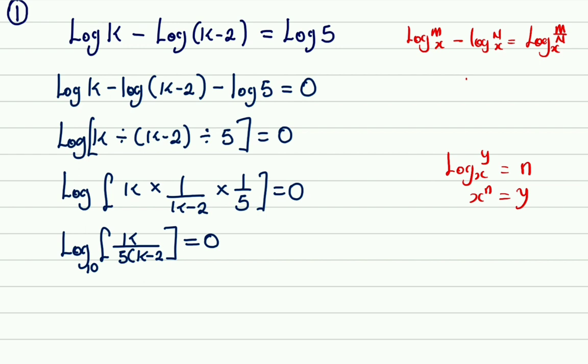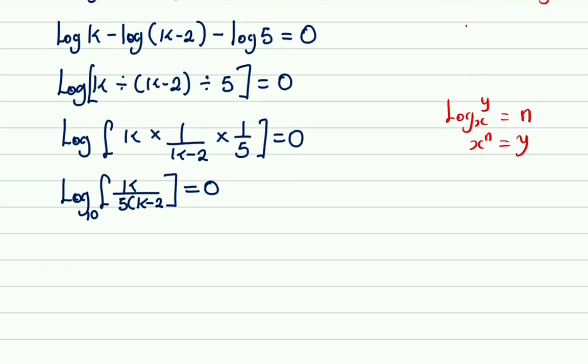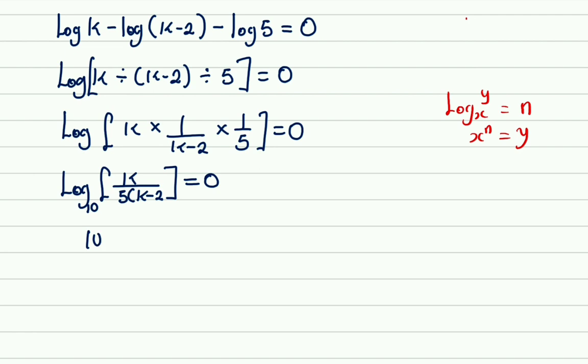Now using that to work this question further, I'm going to have 10 raised to power 0 is equal to k over 5 into k minus 2. Then remember from your indices, 10 raised to power 0, of course, is 1.